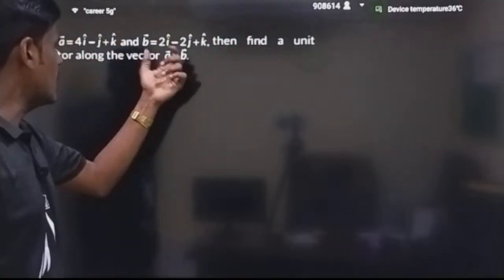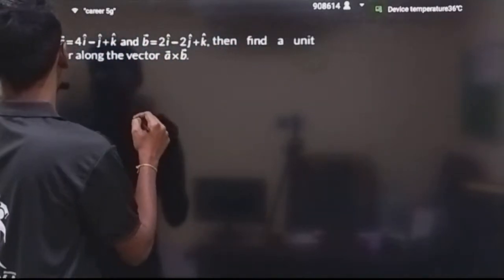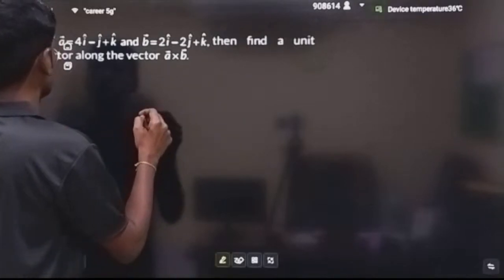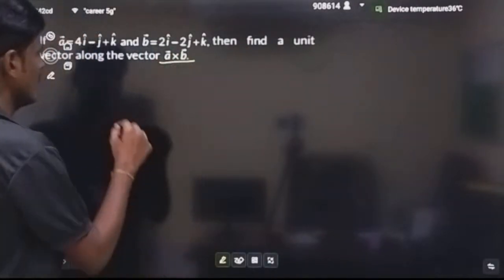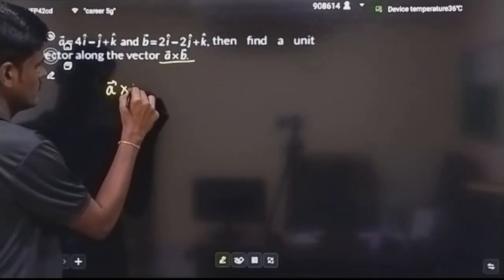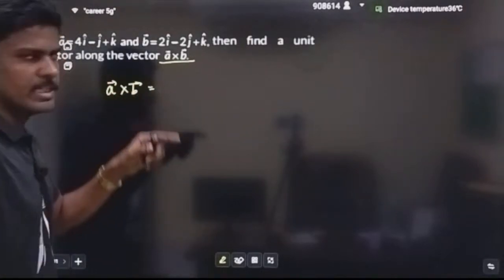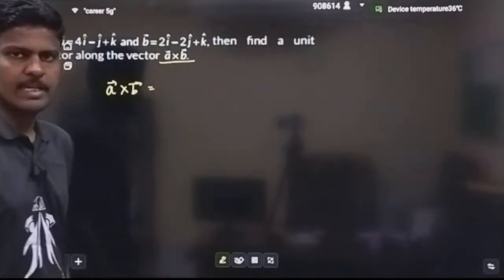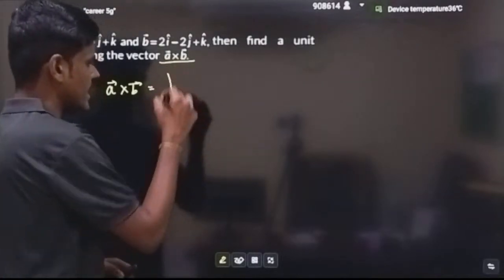Find the unit vector along the vector a cross b. First we need to know what is a cross b. How to find a cross b? If we find a cross b, when we know a and b vector, then obviously unit vector we already know how to calculate.